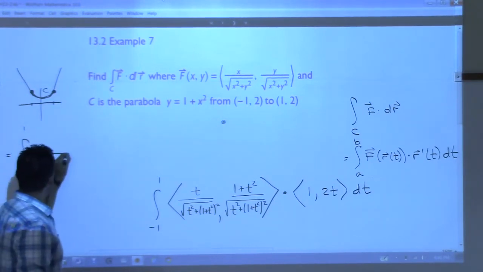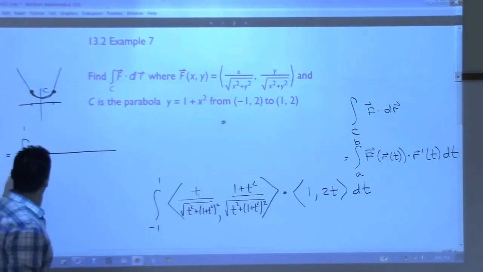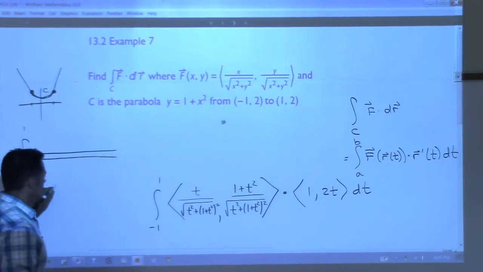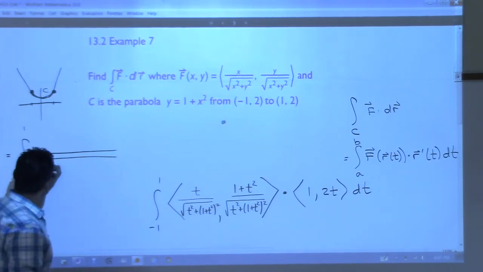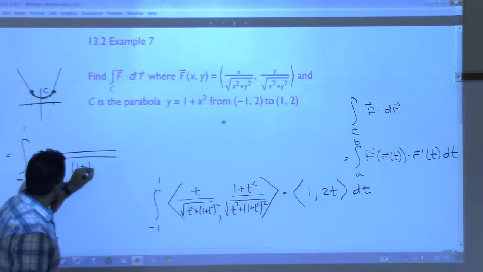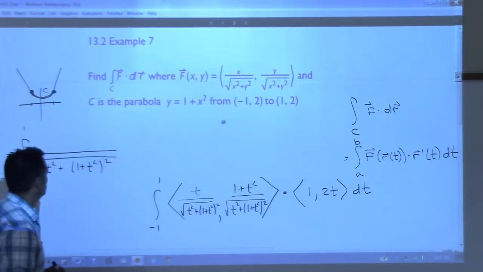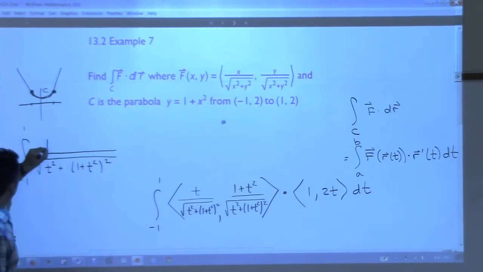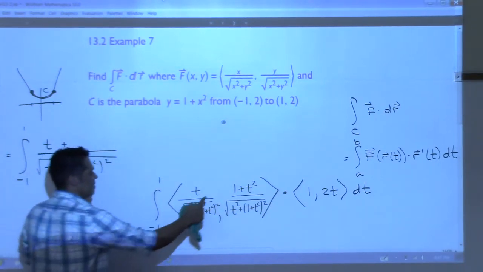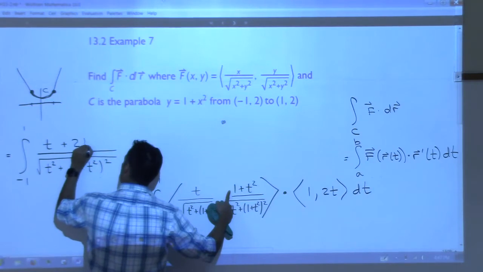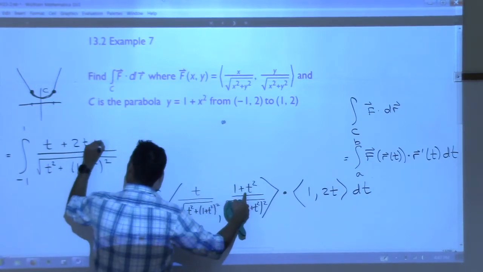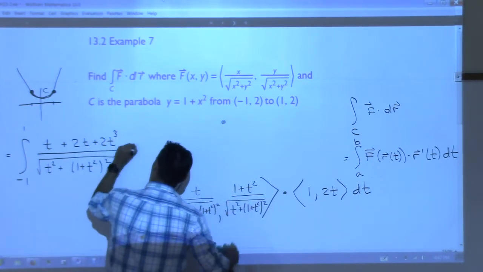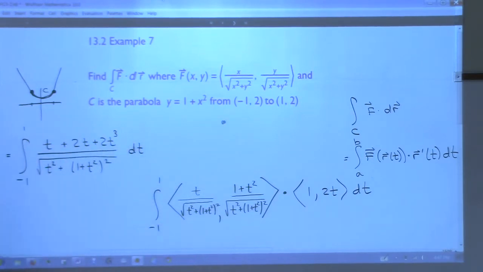One denominator of the square root of t squared plus 1 plus t squared squared. On the top, I have t plus, I'm doing this times 2t, so 2t, and then plus this times 2t, which is 2t cubed. All that dt. Yeah?